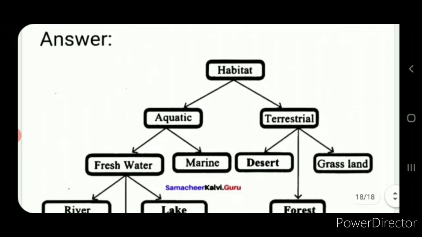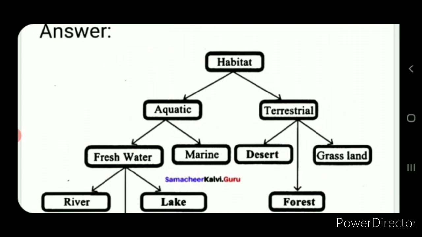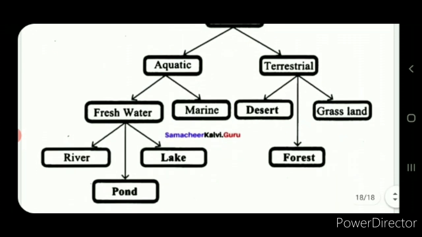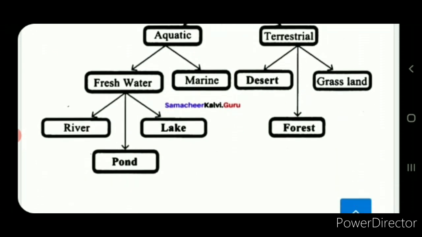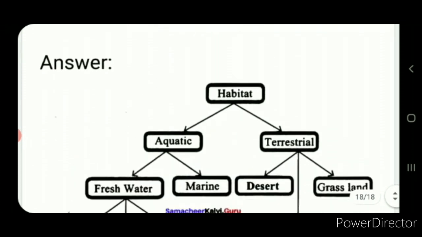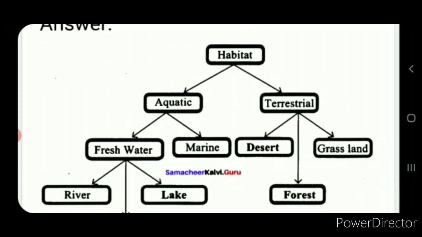Answers are given below. Habitat is classified into aquatic and terrestrial. Aquatic is classified again into freshwater and marine. Freshwater, you are supposed to write as river, lake and pond. Terrestrial is divided into three: desert, forest and grassland. This mapping you are supposed to do in your activity also.